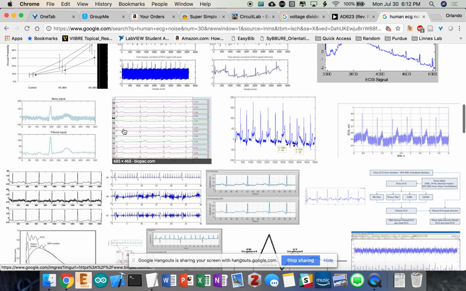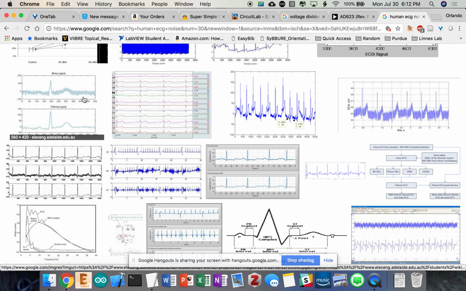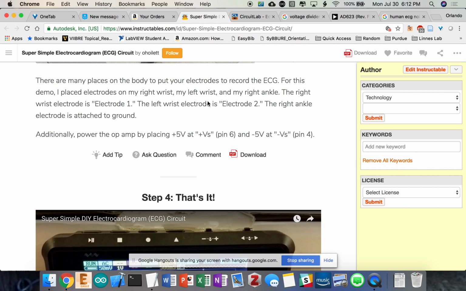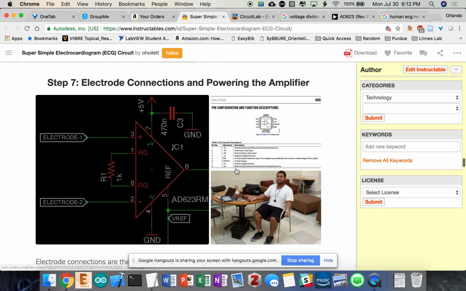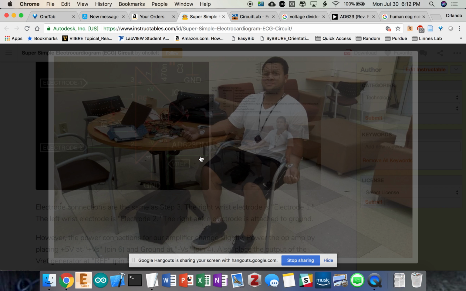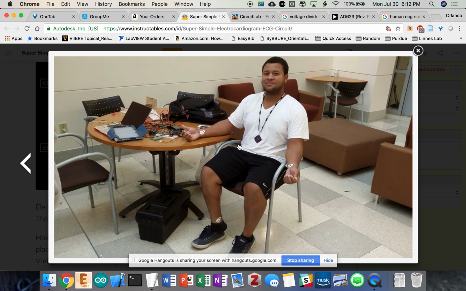But yeah, so you want a certain amplifier that will get rid of that type of stuff, and an instrumentation amplifier does that really well. It does that because it essentially subtracts. Because you're looking at the difference between two signals, I think I have a good diagram here. You see I have electrodes on both wrists. So my instrumentation amplifier is actually subtracting.